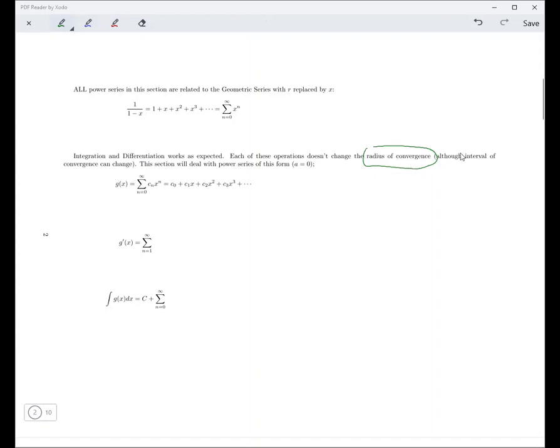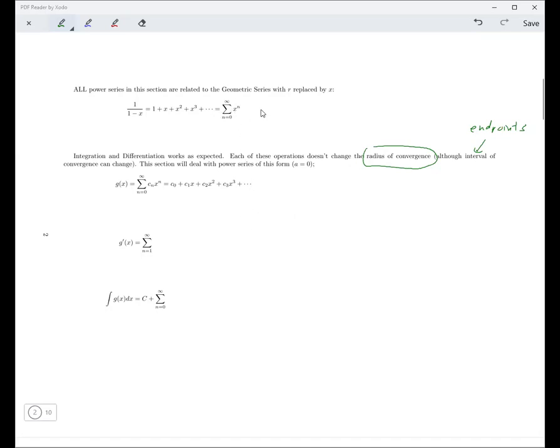That means just the endpoints might change, they might not. If you take a derivative, then you might lose an endpoint. If you take an integral, you might gain an endpoint. Okay, so the interval can change, but not the radius. The radius is going to stay the same.